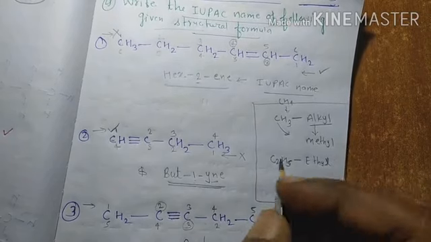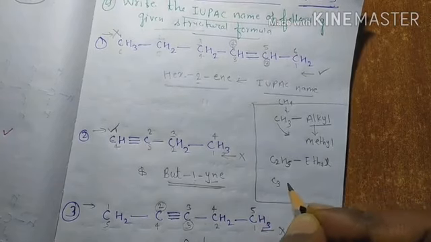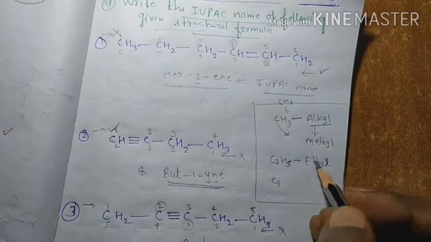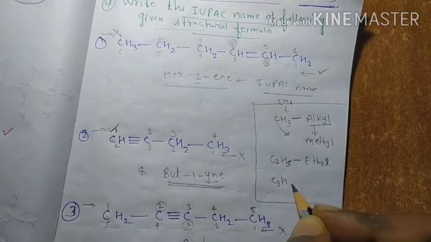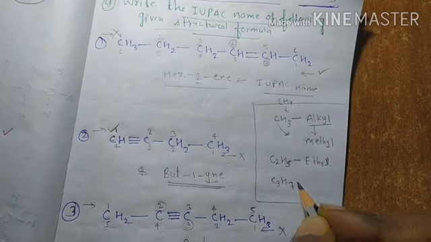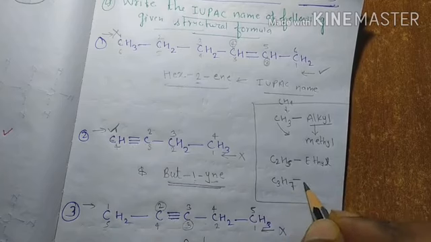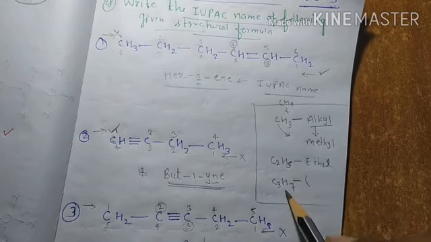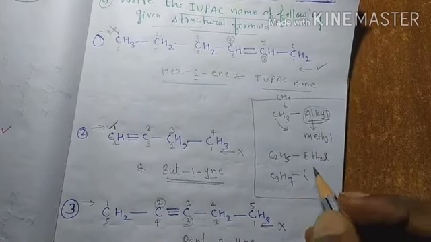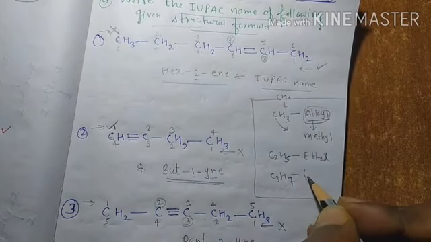If we say C3, these all belong to the alkyl group. C3H7 with a single bond will also belong to the alkyl group, but its name will be propyl.